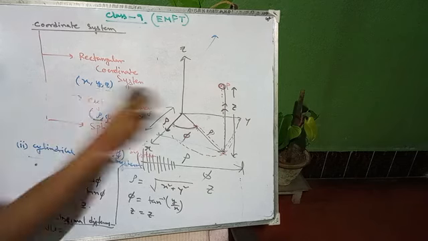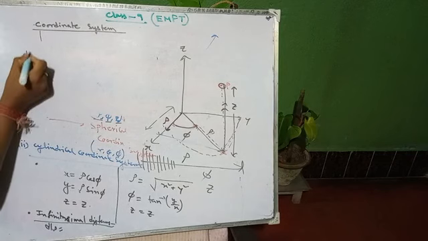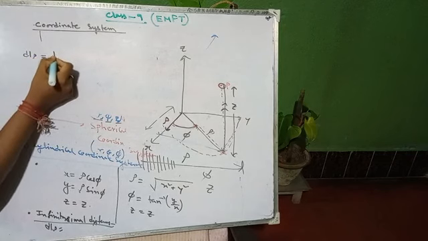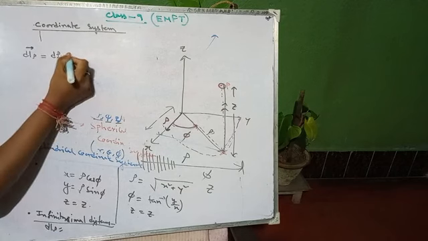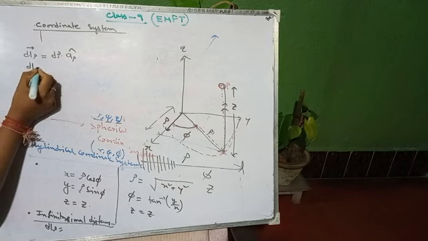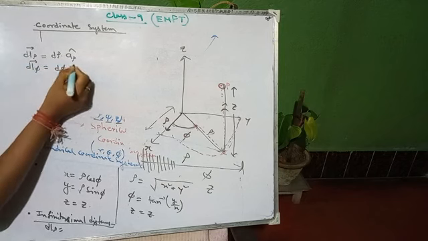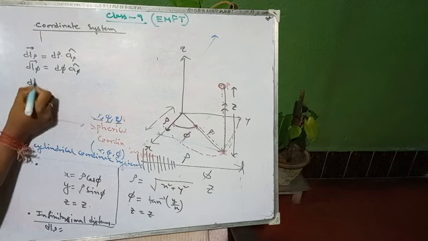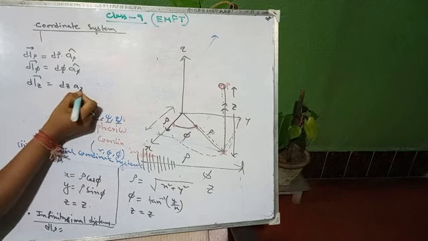Here I would like to express dl rho vector equals d rho into a rho cap, and similarly dl phi vector equals d phi and a phi cap, and dl z equals dz into az cap.